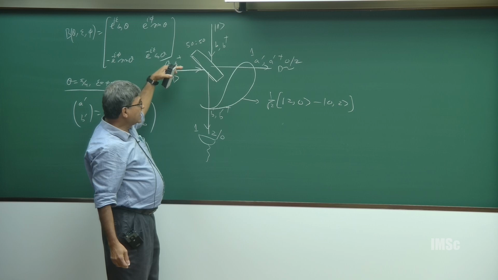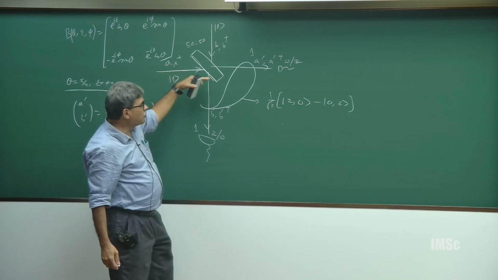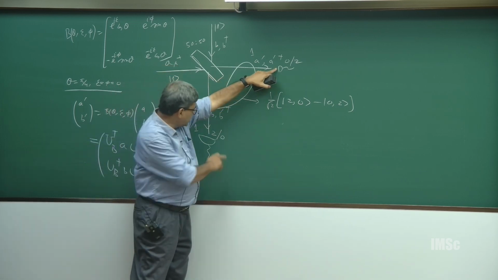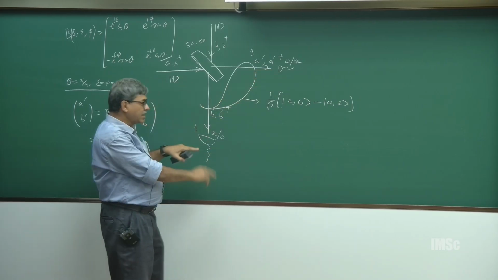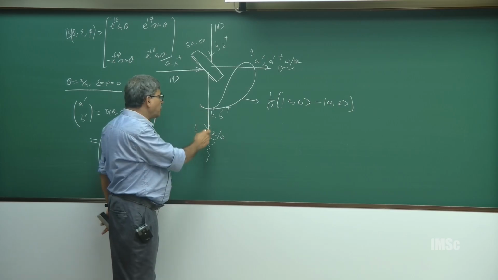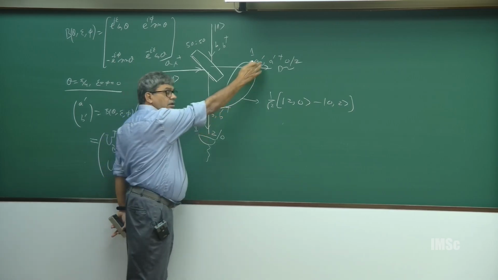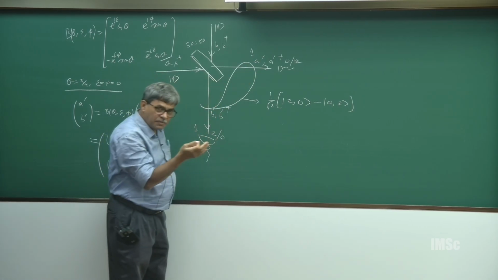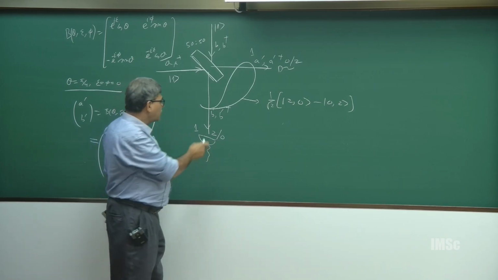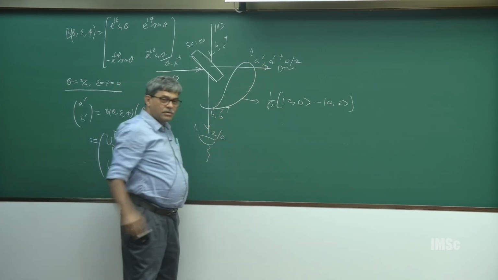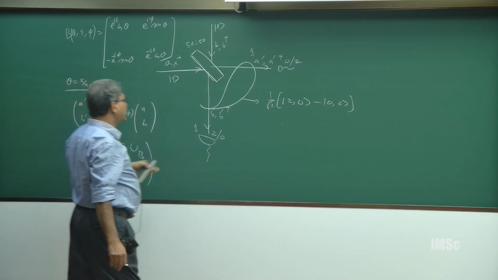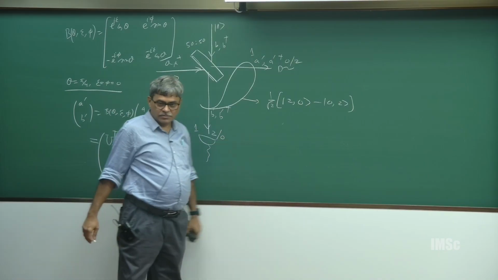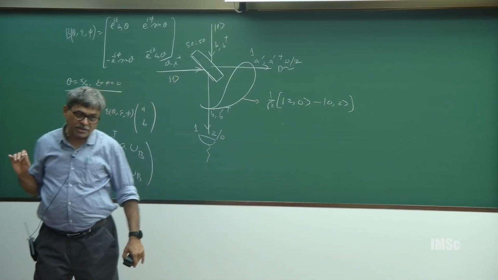So, the probability that 2 photons go here and nothing here is 1 upon 4. Similarly, classically the probability that 2 photons go here and nothing here is 1 upon 4. So, the remaining probability, which is half, will be 1 photon here and 1 photon here. So, classically this is more probable, but quantum mechanically this probability is 0. This is of course a 50-50 beam splitter.